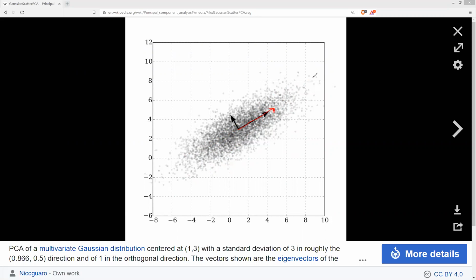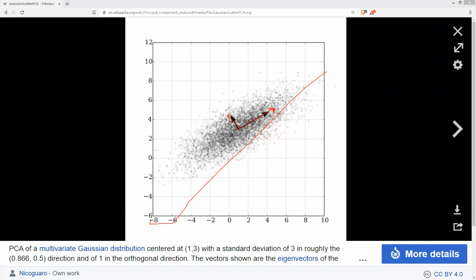And once we remove this direction of the data, then the next coordinate should be this one. And they should be orthogonal to each other. So anyway, it is two-dimensional data, so maybe this is the only orthogonal direction over here.